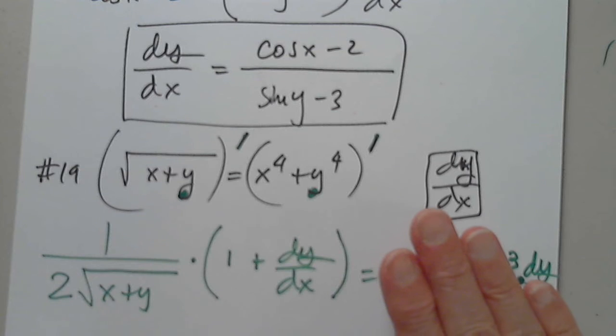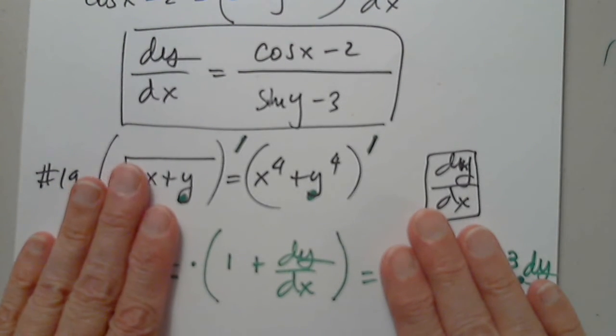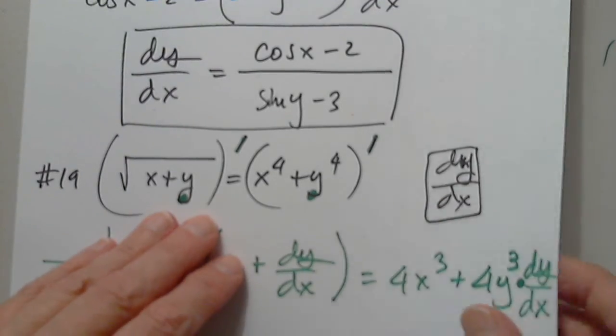This side is okay for now, but this one is not okay because the variable is inside parentheses. I have to distribute this quantity to 1 and I have to distribute it to dy over dx. This to 1, this to dy over dx first.